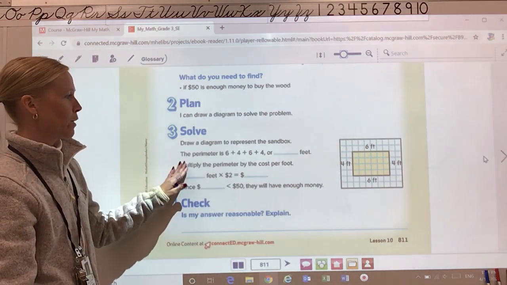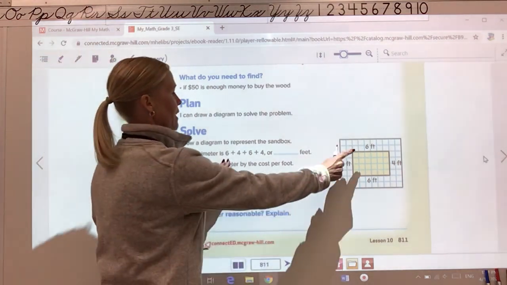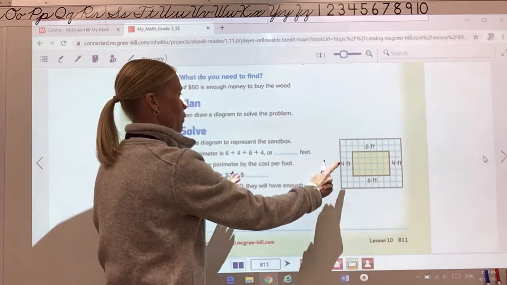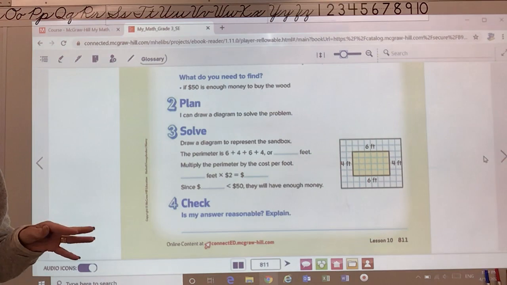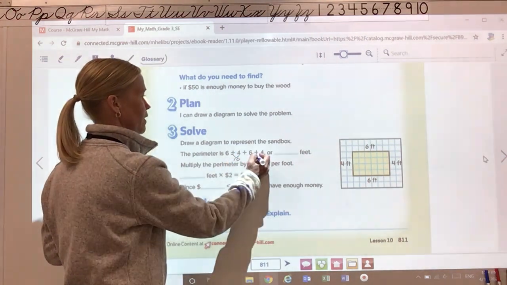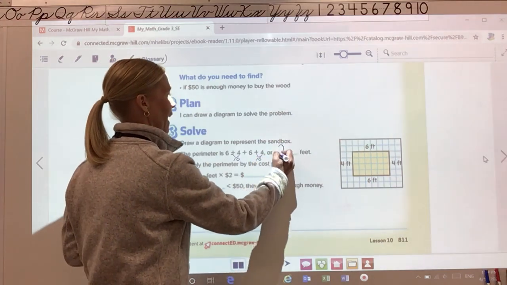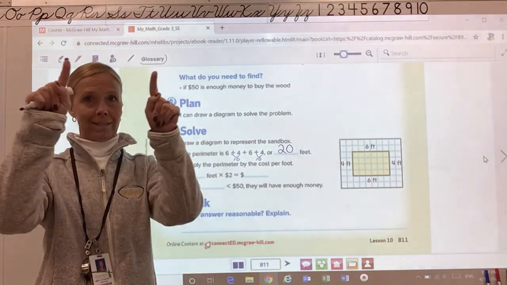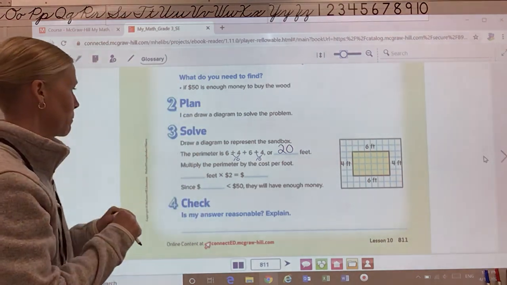The perimeter is 6 feet plus 4 feet plus 6 feet plus 4 feet, or a total of, and when I'm adding this up, I see, I have 2 10s here. So I know I have a perimeter of 20 feet. Remember, perimeter is the outside of the shape.